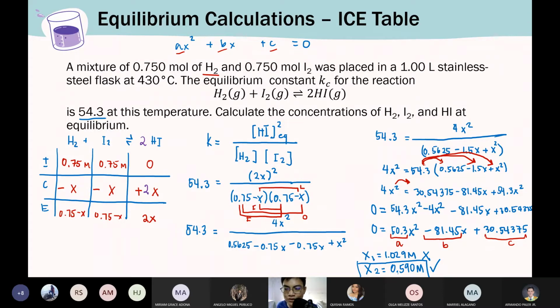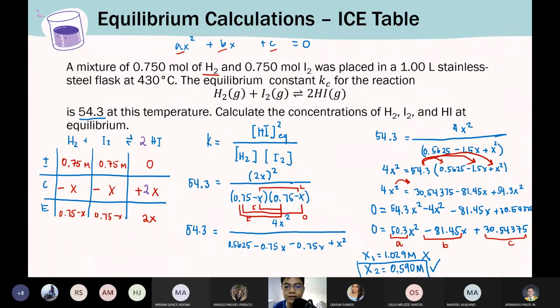Ako kasi nung college, nagagawa namin up to fourth root. So, 4 yung x namin. Tapos, iniisa-isa namin yan. Ang nangyayari kasi with the other roots is minsan imaginary na yung value niya. Okay? Yung may i. Minsan imaginary na. And there are no imaginary concentrations.